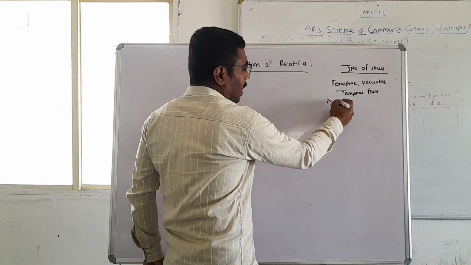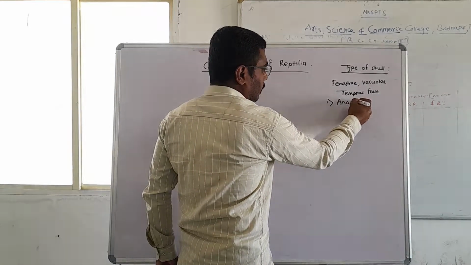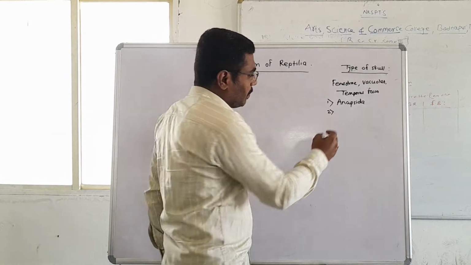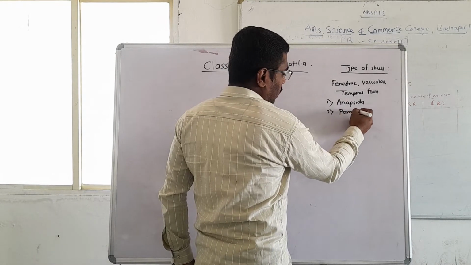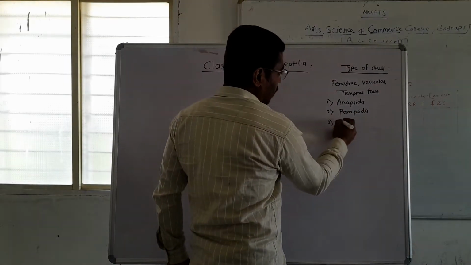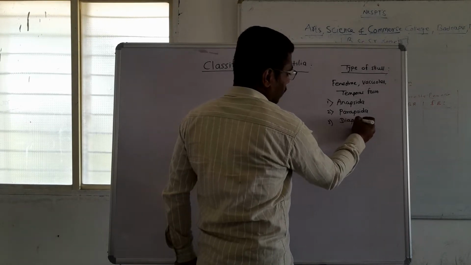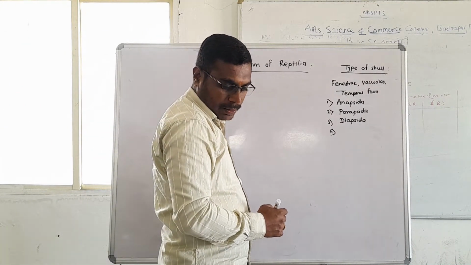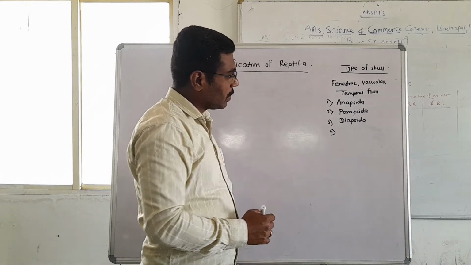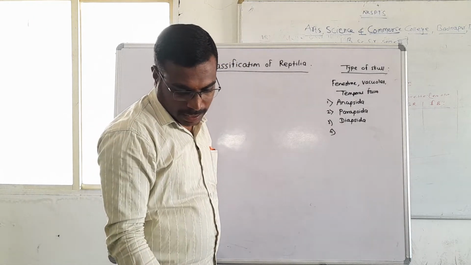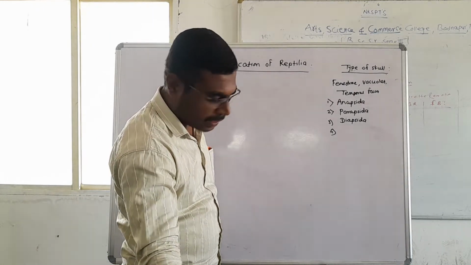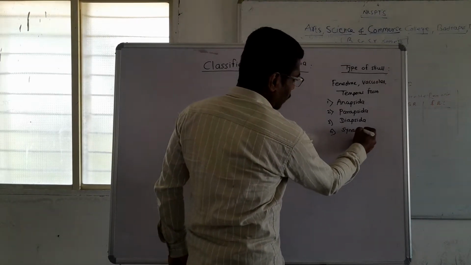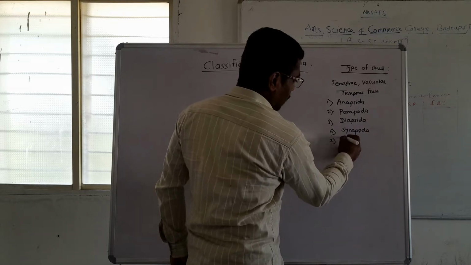These are Anapsida, second Parapsida, third Diapsida, fourth Synapsida and Eurypsida.